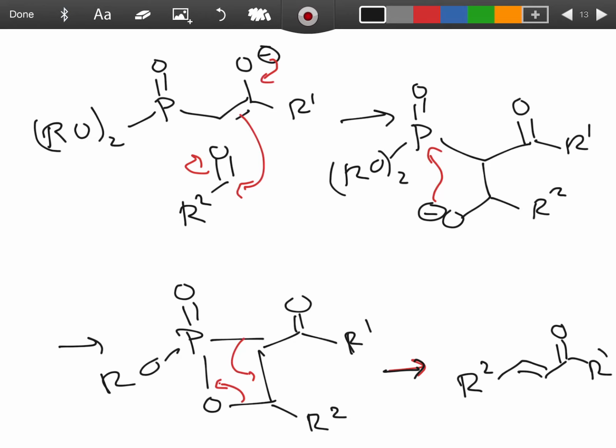But if your R group is axial, that's higher energy, but the Newman projection you get is better. This R group is no longer between two non-hydrogen groups. It gets to be between a hydrogen and a non-hydrogen group, right? So I end up with something that has less gauche interaction, so it's slightly more stable.